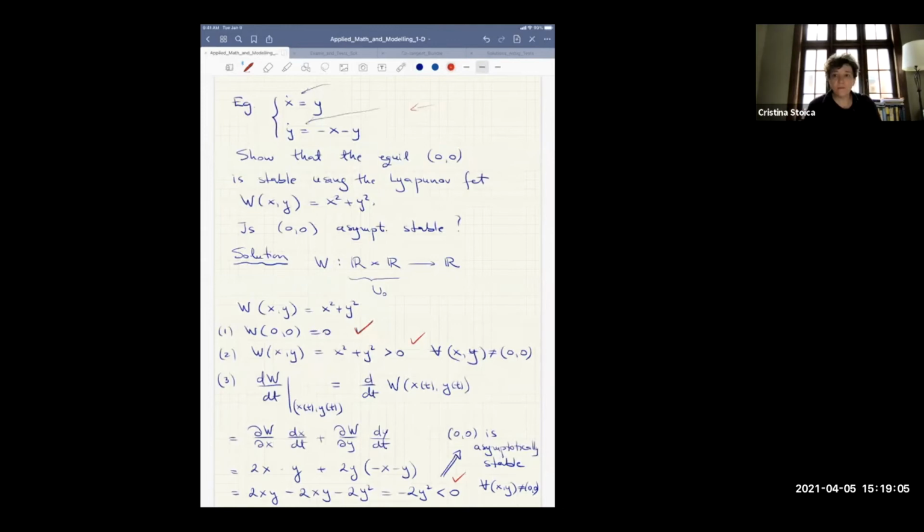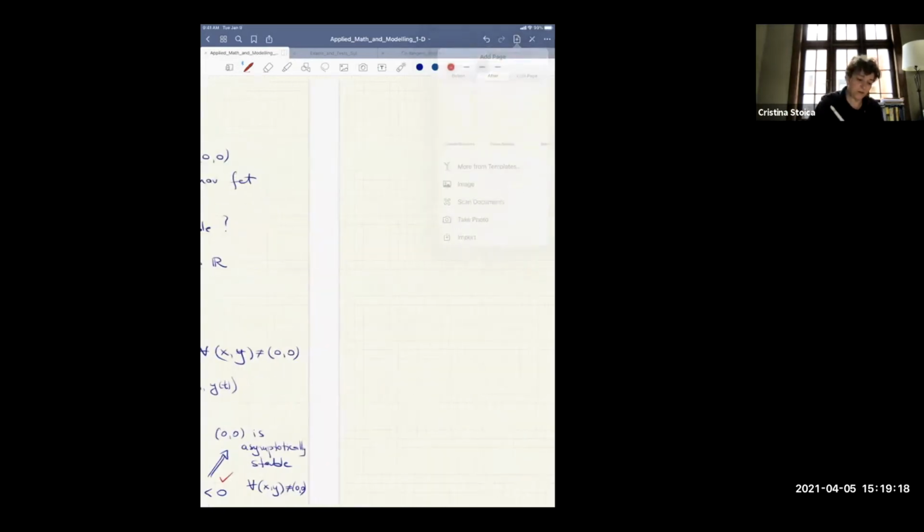Okay, so let's do one more exercise, a little bit more complicated. Of course you're going to ask, how are these exercises getting complicated? Well, just put a parameter in it, or just say, oh, I don't know what W is.